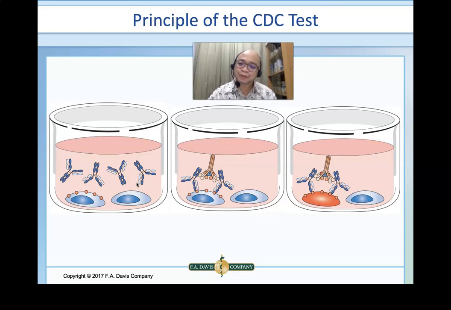What you add here are the monoclonal antibodies, and they are incubated. You have several wells depending on how many panels you are testing, and each well of the plate contains a different antibody.